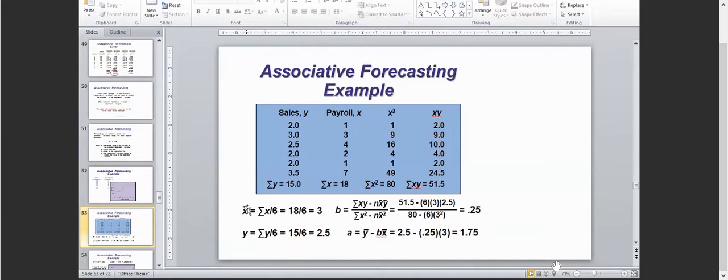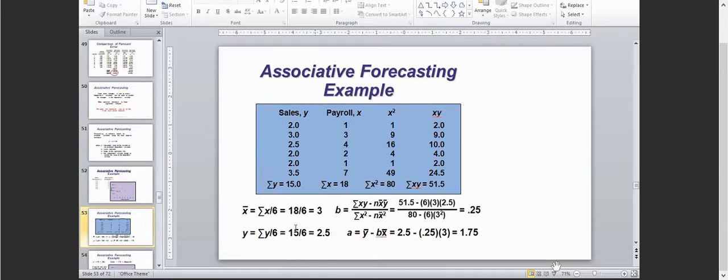For x bar, we total up the payroll values and divide by the number of data that we have. The number of data is 6, right? 1, 3, 4, 2, 1, and 7. So we have 6 data here. So 18 divided by 6, we have 3.